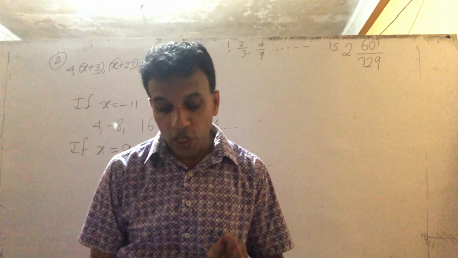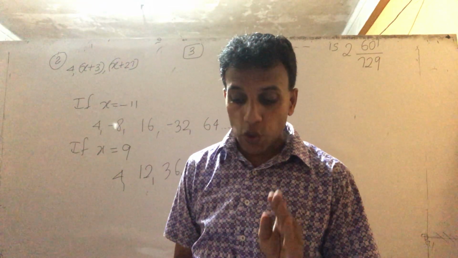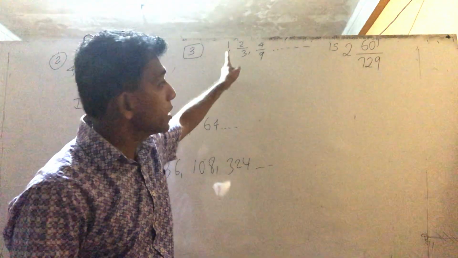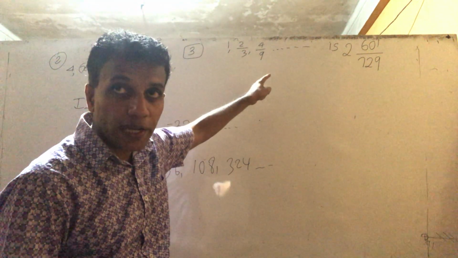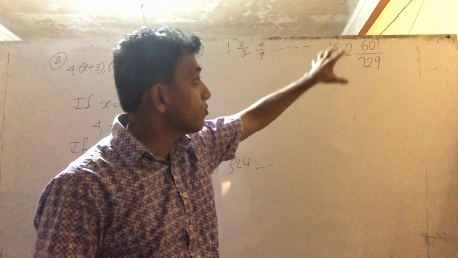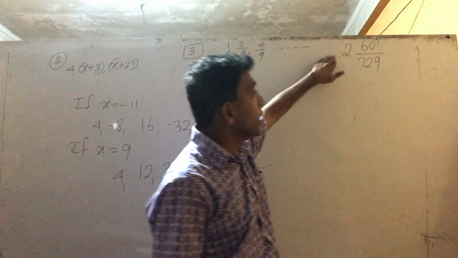Find the number of terms to be taken so that the sum of the GP 1, 2/3, 4/9 and so on is 2 and 601 over 729.